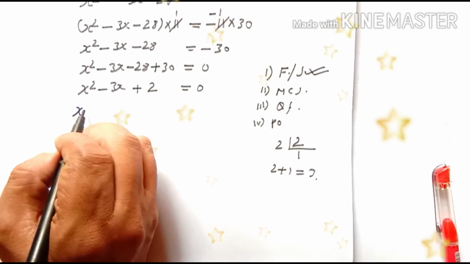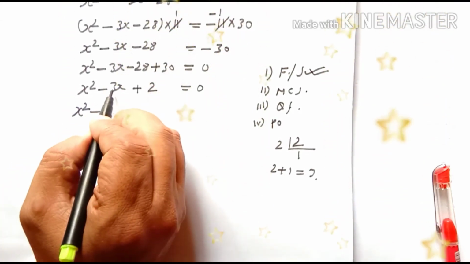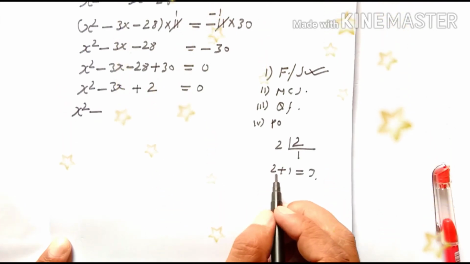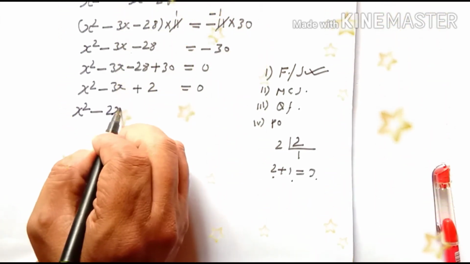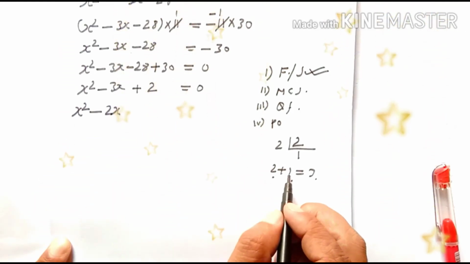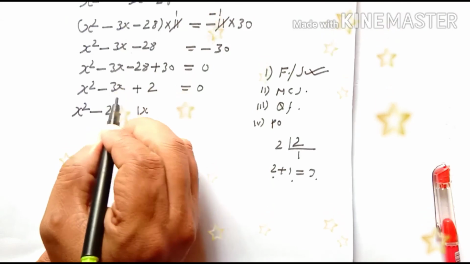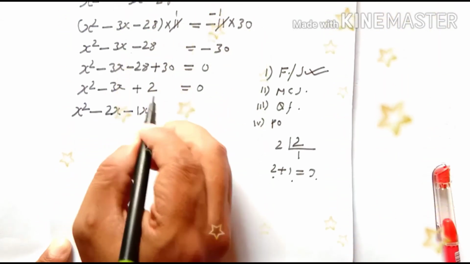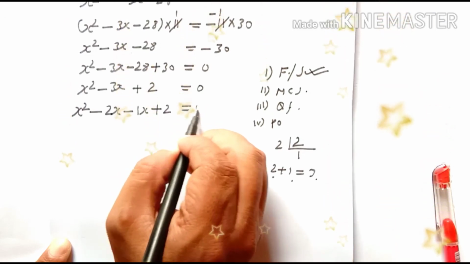So now here x square, the same sign you'll have to bring. Now instead of this 3, you'll have to substitute 2 and 1. Take the bigger number first, so 2x. After that we have 1, minus 1x. Sign: you multiply these two, minus plus will be minus. After that, the remaining constant plus 2 equals 0.